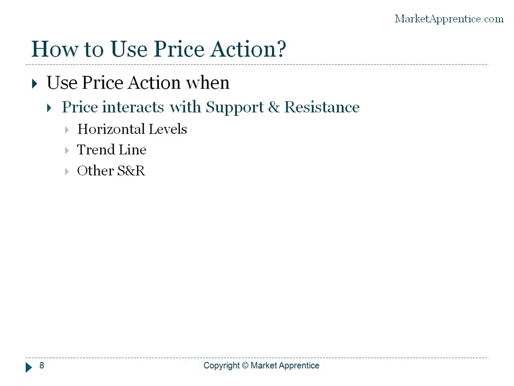Things like horizontal levels and trend lines are the basic fundamentals of technical analysis. Of course, there are other types of support resistance that are useful. For example, moving average is a common one, or Fibonacci level, which is another common example.